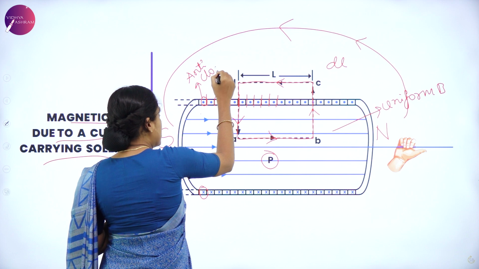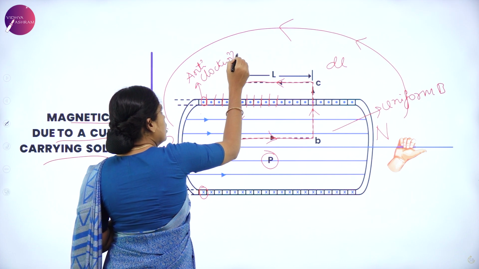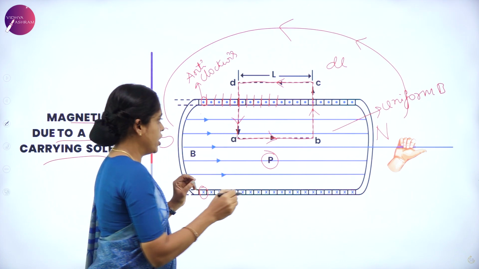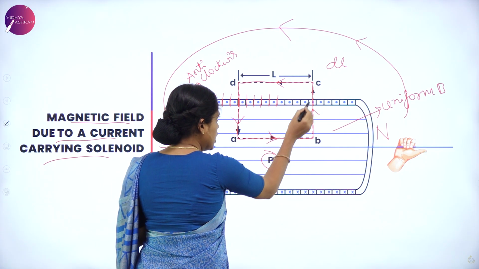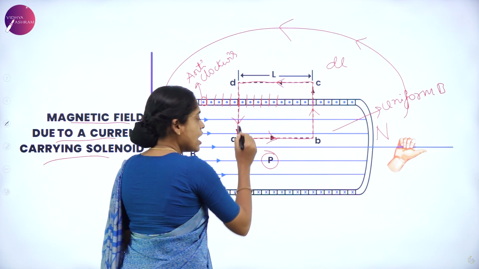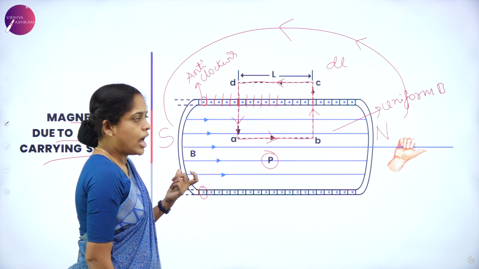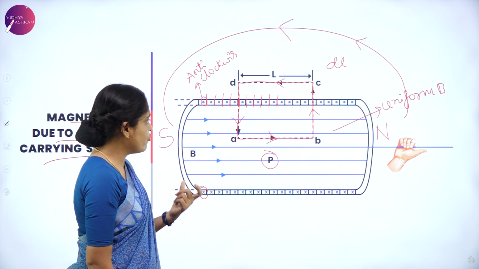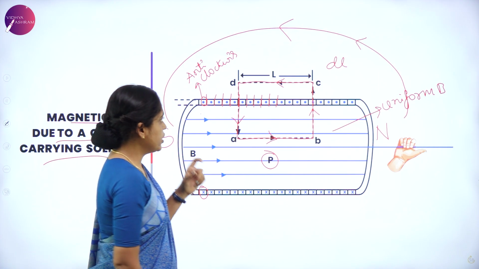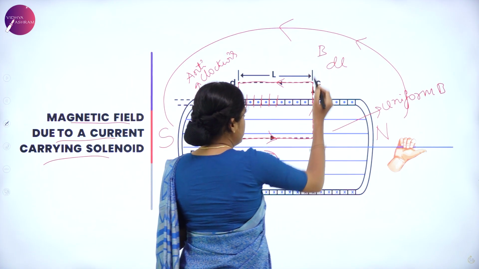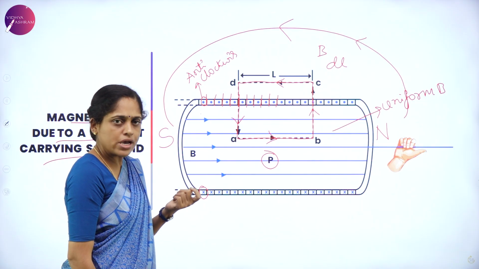In the same direction, the dl must be. Therefore, the direction of dl is in the anti-clockwise direction.